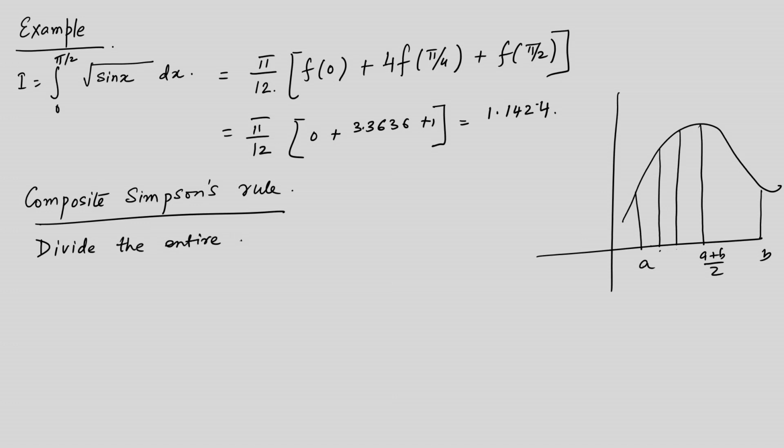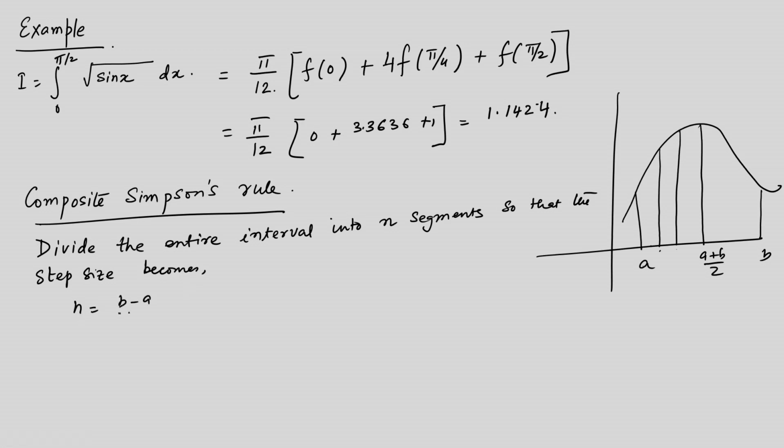So, the idea is to divide the entire interval into n segments so that the step size h equals (b minus a) by n, where of course x_i is a plus i h, where i is equal to 0, 1, 2, 3 and so on.